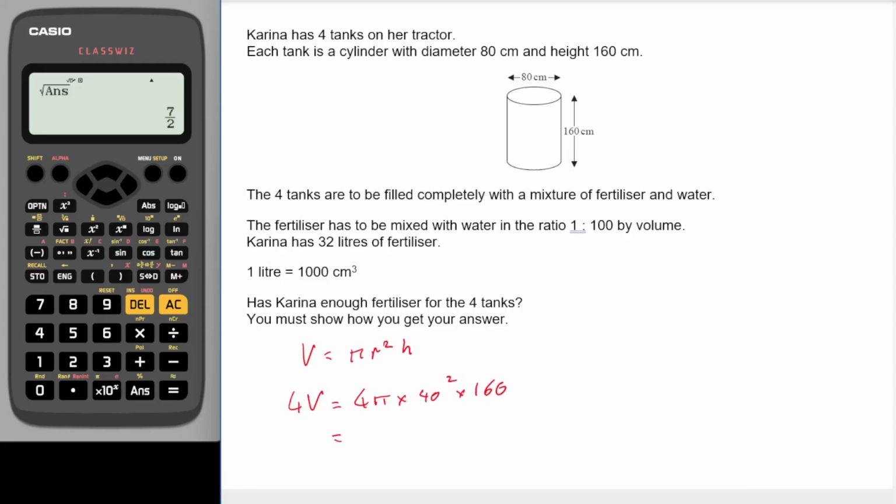I'm going to leave my answer in terms of pi for now. So, 4 times pi times 40 squared times 160.